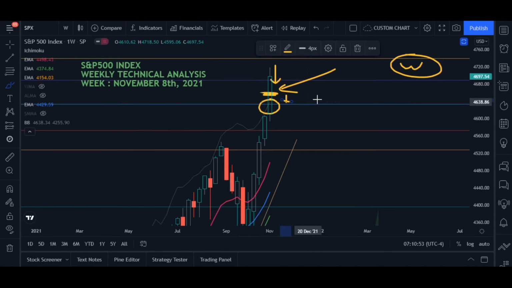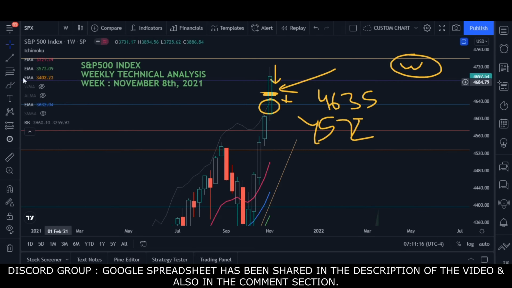It was earlier the resistance at 4635, but now it is going to act as support at 4635. If the market breaches this support, it is going to hit the next one, 4572.